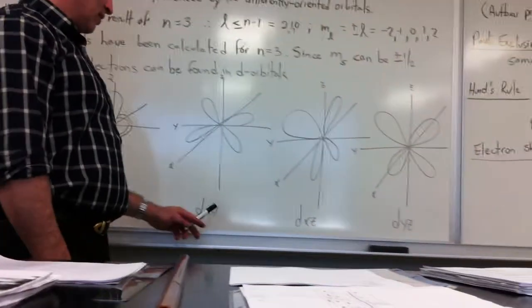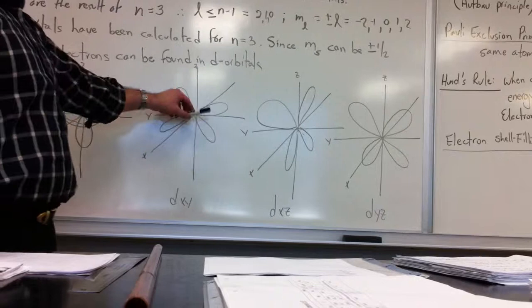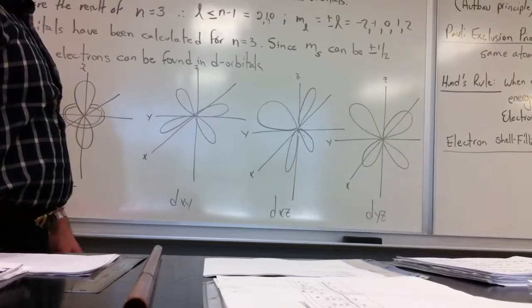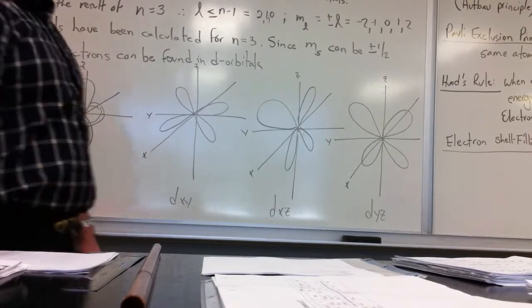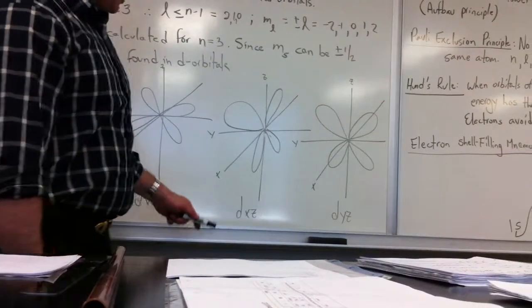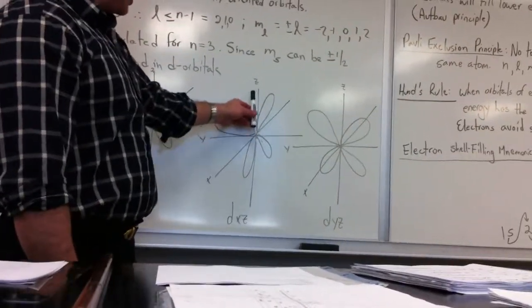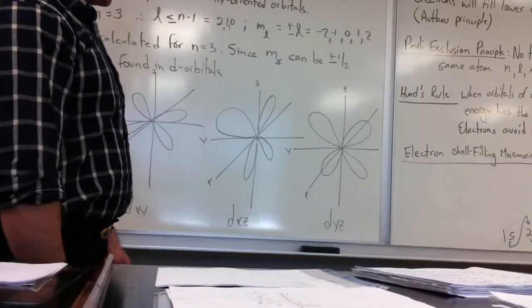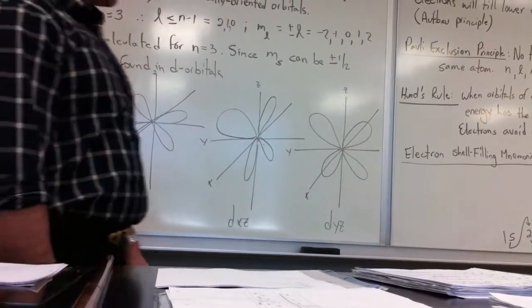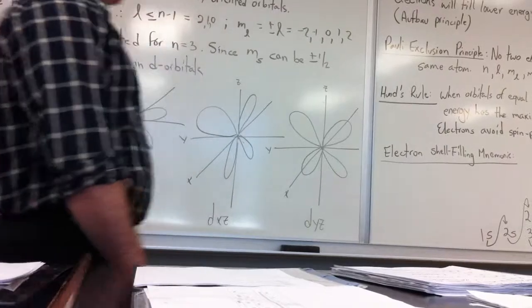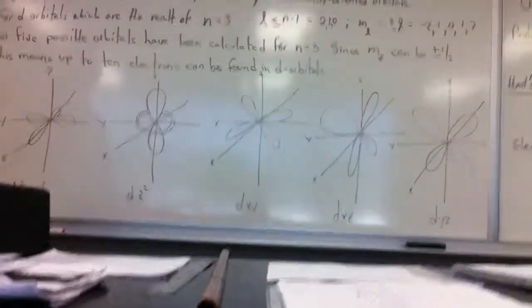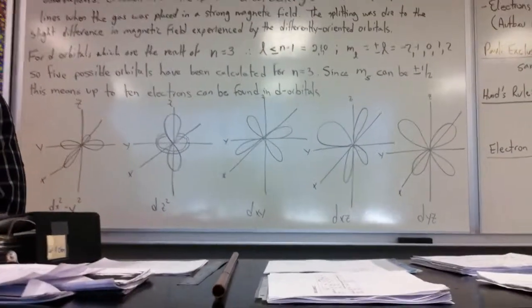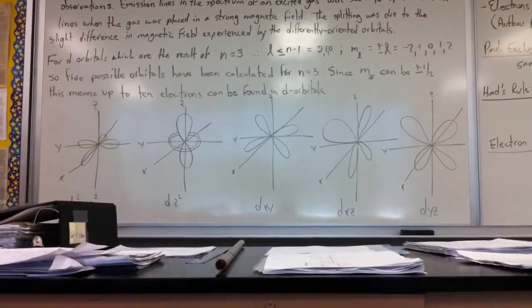The dxy orbital occupies the position between the x and y coordinate plane, and the dxz occupies the spaces between the x and z coordinate plane, and finally dyz as well. So those 5 different shapes, when you combine them all together, create a roughly spherical shape.